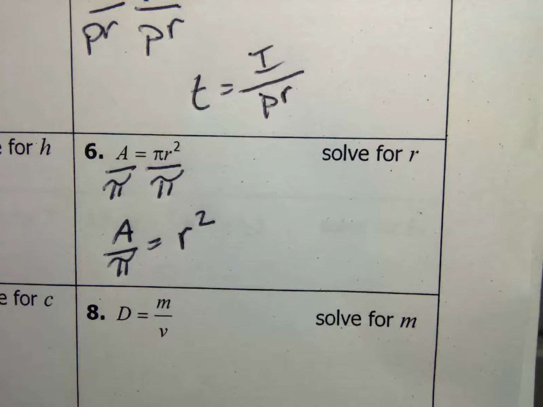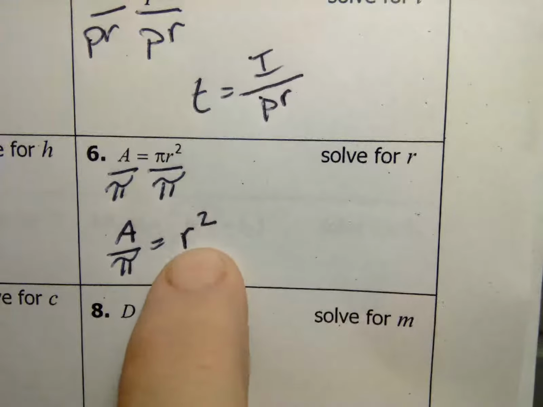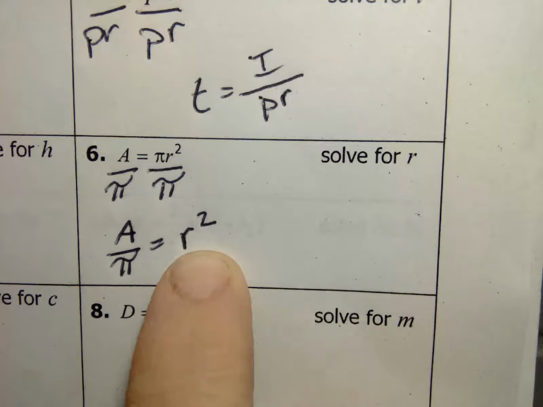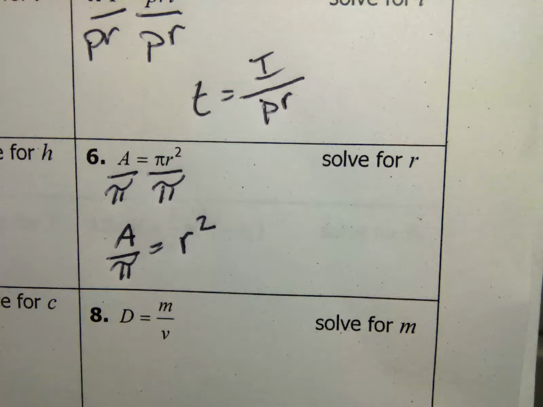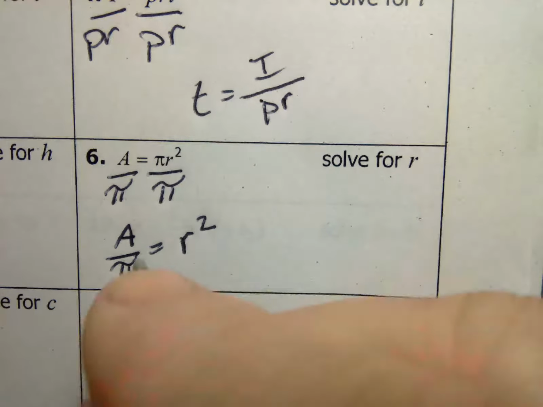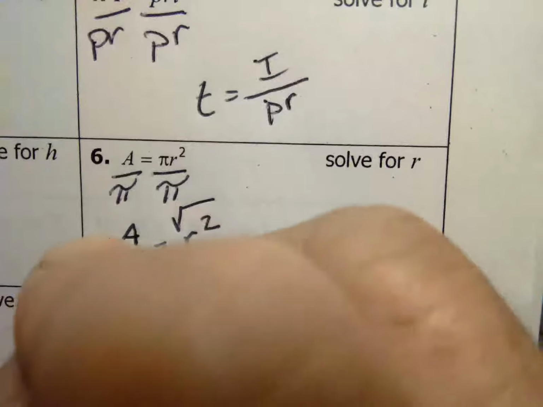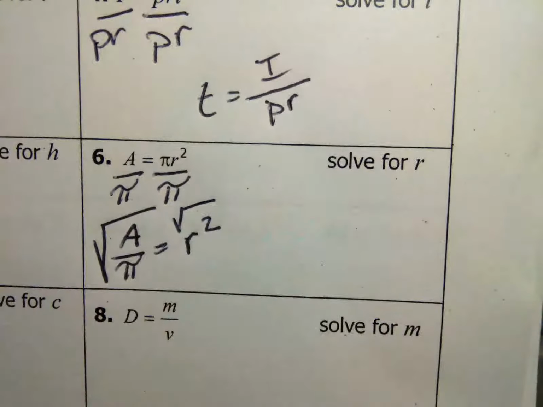Sorry, I'm back. Okay, so now, how do I undo r squared? What's the opposite of r squared? Yes, excellent. I'm going to square root here, and I'm going to square root here, okay?